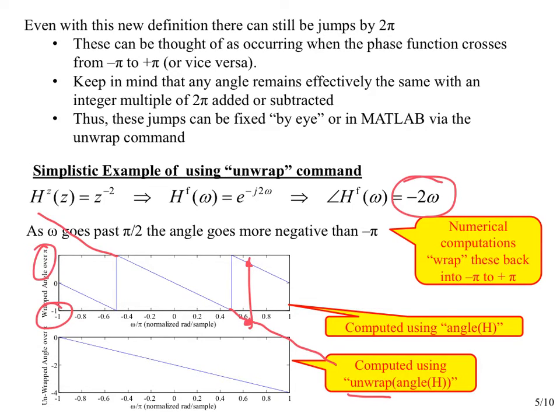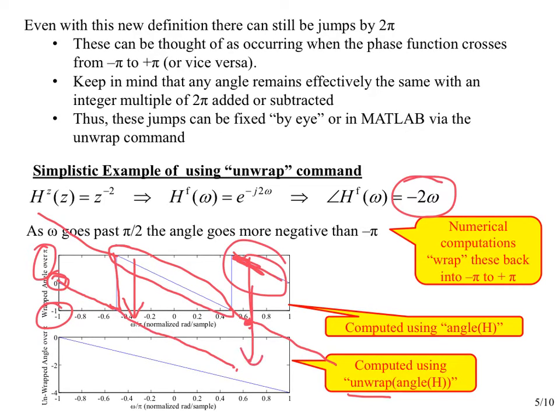So it basically starts at the leftmost position, it goes along, and then MATLAB senses, oh yes, there was a jump of 2 pi, so now it's going to take every one of these things and move it down. So now it's going along like this, and then it senses a jump of 4 pi up to the next values that it's computing. So it moves those down as well. And so that's what we get here.